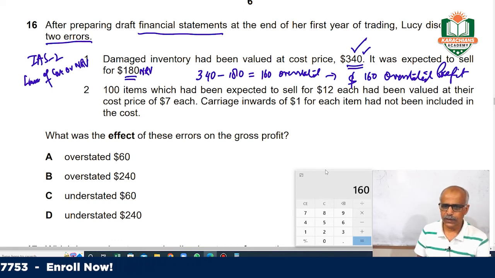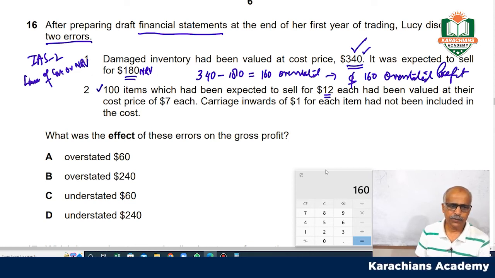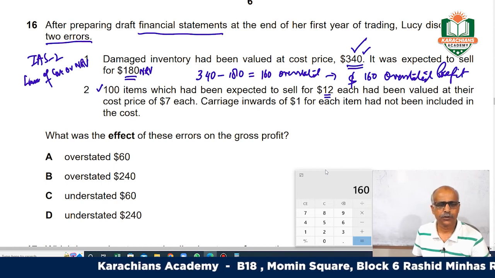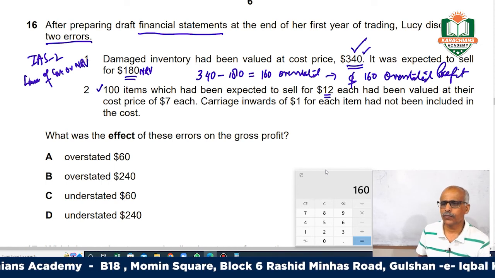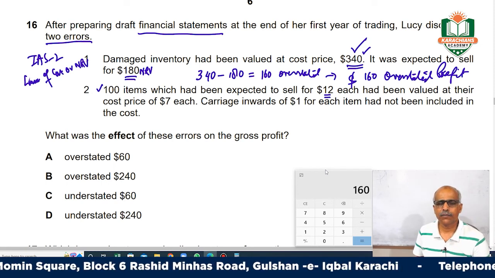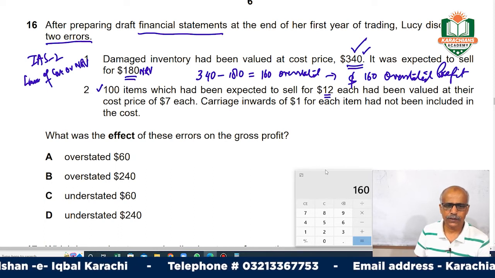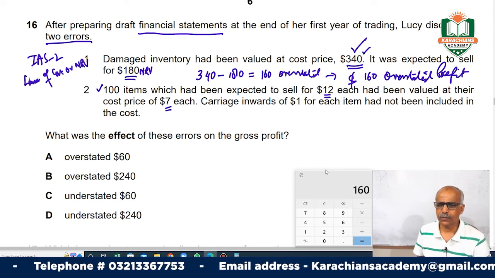100 items which had been expected to sell for 12. There are 100 units of something, and every unit was expected to sell for 12, but had been valued at their cost price of 7. This is very much clear.